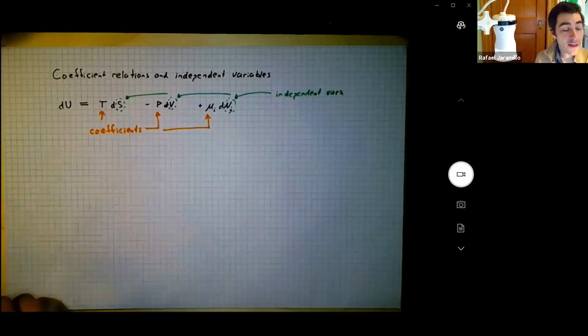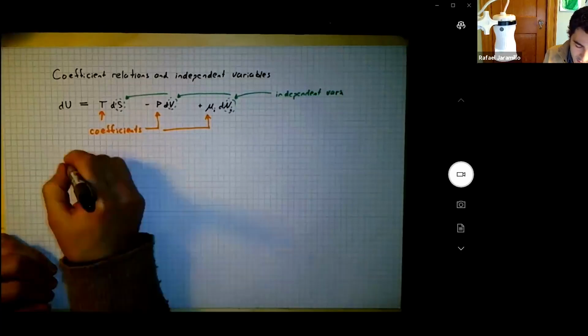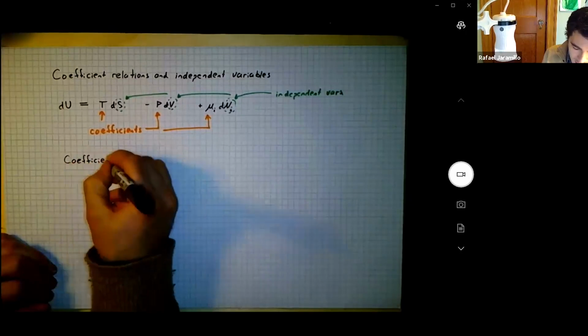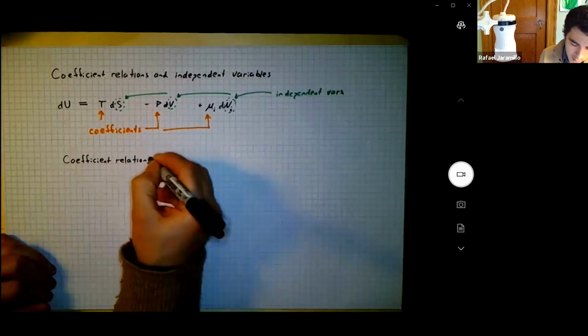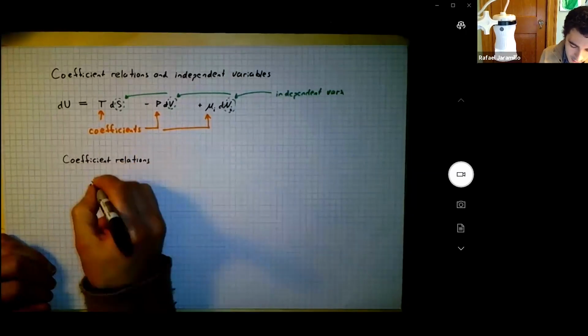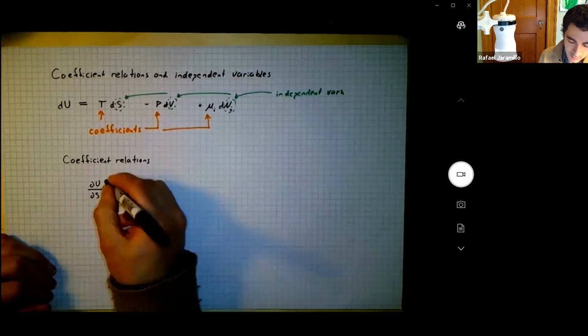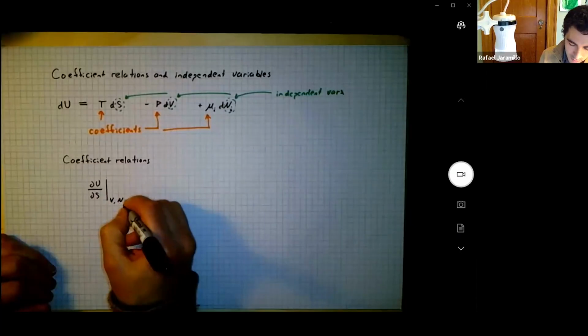And we can write down by inspection coefficient relations. And here they are. Partial U by partial S at fixed volume and fixed particle number equals what?